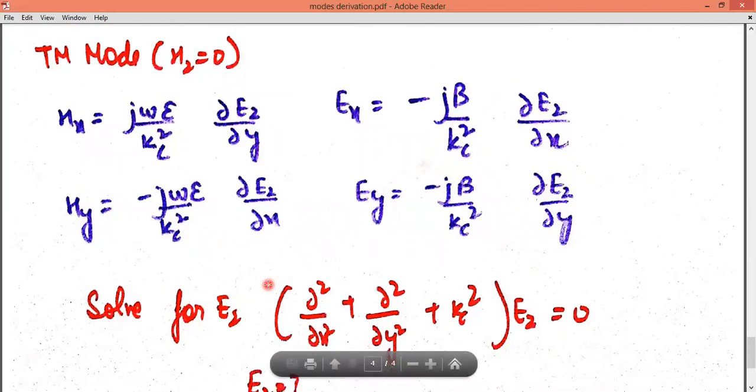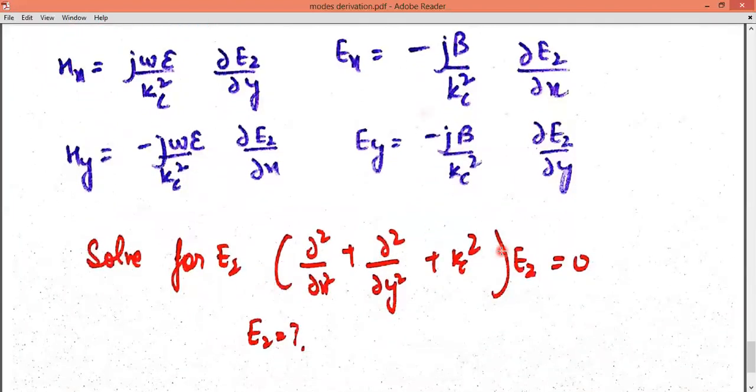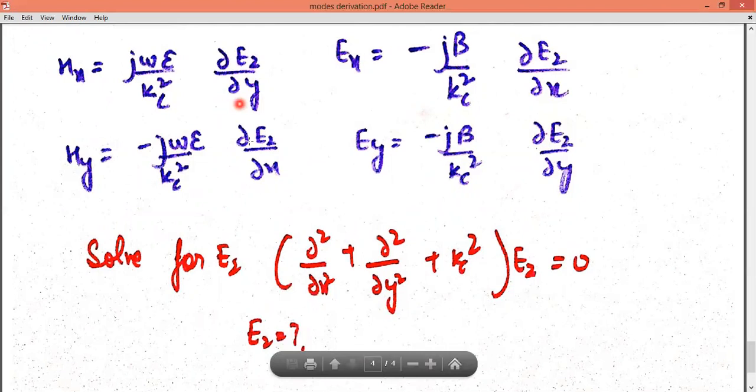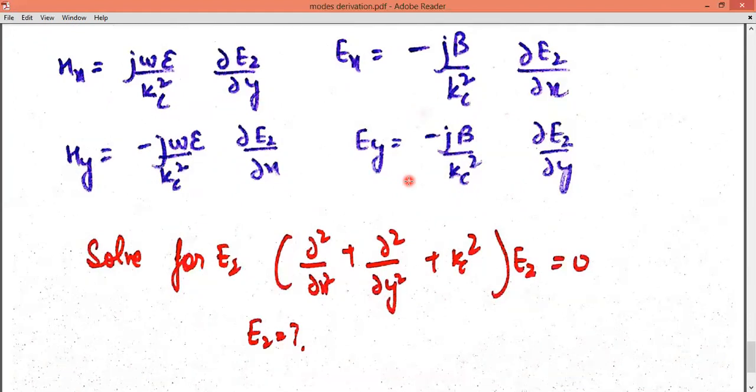Also, we solve the Helmholtz equation. Once you find the Ez equation, you can find all the components. So please practice this one or more times. Derive from the starting and you can easily understand. After 2-3 times, you will understand what exactly the general equation says for different modes.